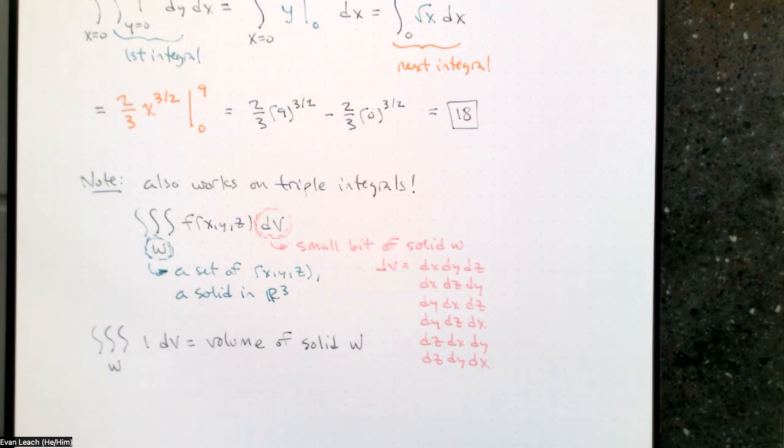Integrating the function 1 gives you the size of the set over which you are integrating, be that a length, an area, or a volume. The other thing was that these double integrals can be done in steps. Do the inner integral first, then do the outer integral.